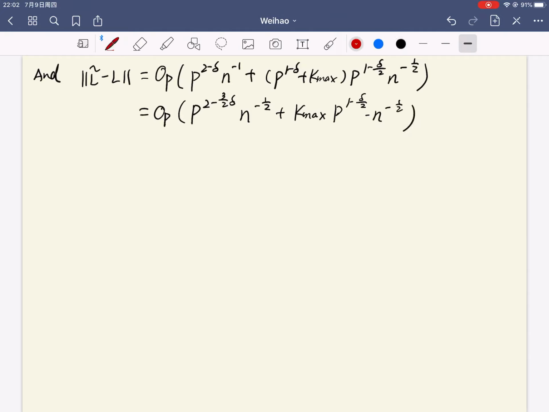Here I threw away the first term because, by assumption and a similar modification, we know that the first rate is dominated by the second, because there is a little o1 inside. For the other steps, they are identically the same, so we can get this.